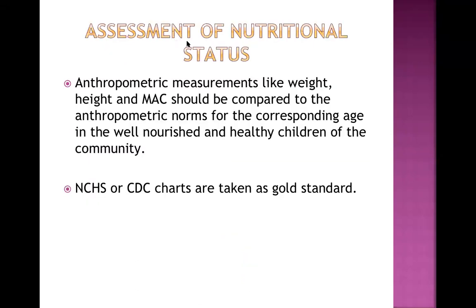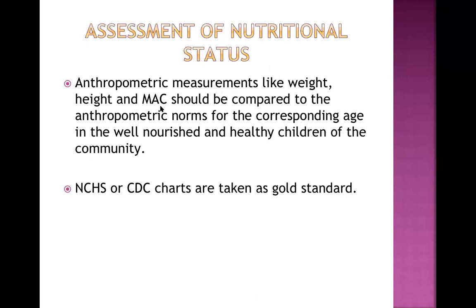What do you mean by nutritional status assessment of malnutrition? Now, these are done by anthropometric measurements. Anthropometric measurements means you take weight, height, or mid-arm circumference of the child which has come to the hospital.